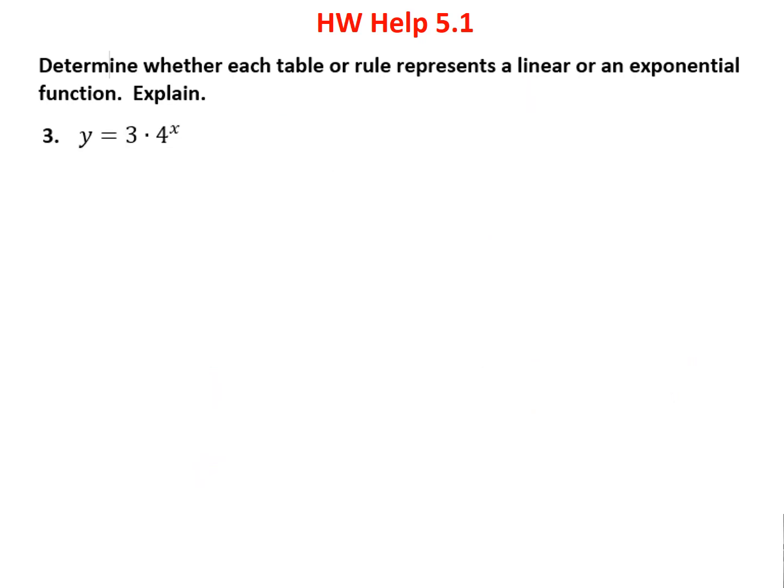In problem 3, we're again going to determine whether it's linear or exponential, but this time we're going to look at the rule. If you remember what the rules are, a linear function looks like y equals mx plus b, where b is the y-intercept, whereas an exponential looks something like this. The key thing to notice is that here, the x is in the exponent. Here, it's down here to a power of 1.